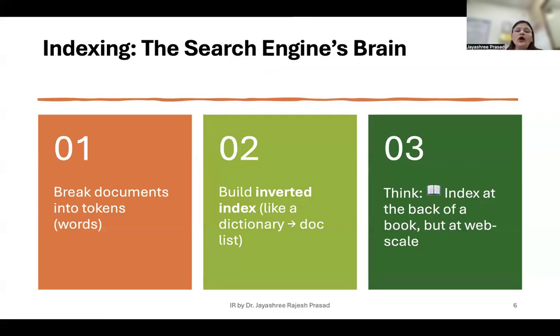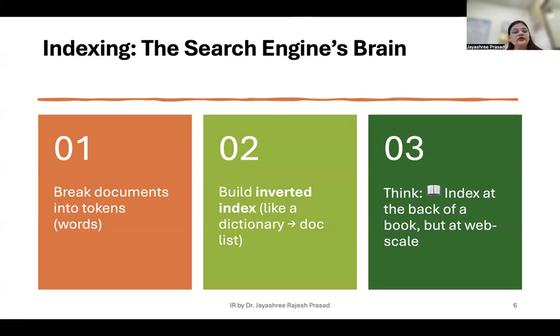Now, not all results are equally useful. That's why ranking matters. Early systems used TF-IDF, term frequency, which we have referred to in the last unit, which scores how important a word is.